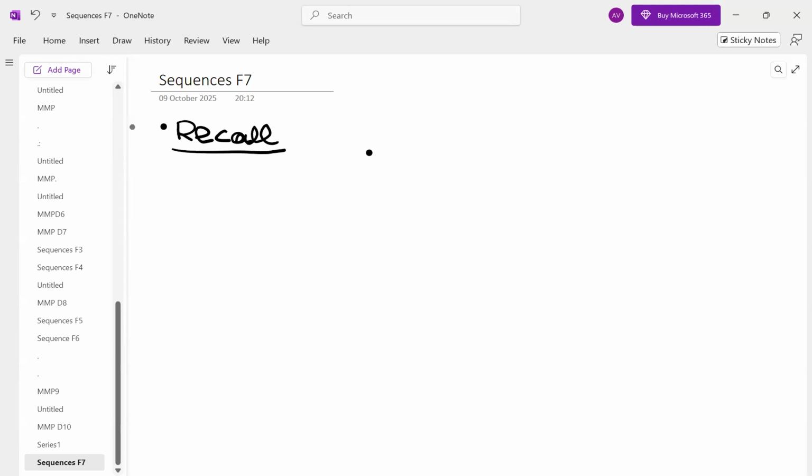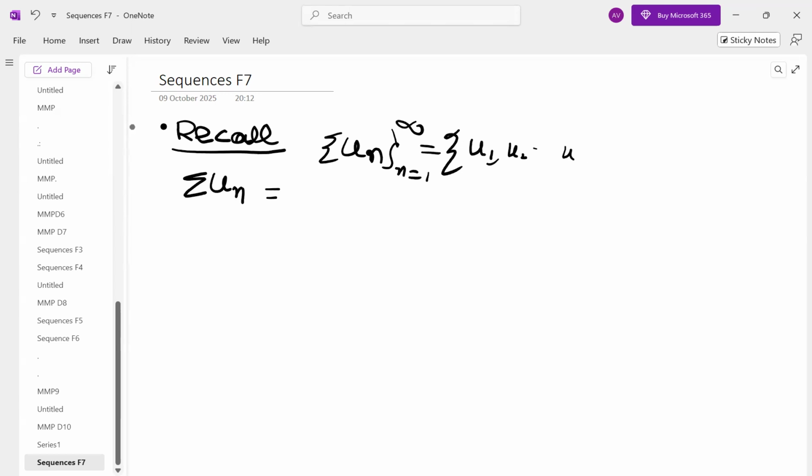So, recall. In the previous class, we have studied what is a series. Corresponding to a sequence un, n from 1 to infinity, we can always have a series. This means u1, u2, and so on up to un, and so on.